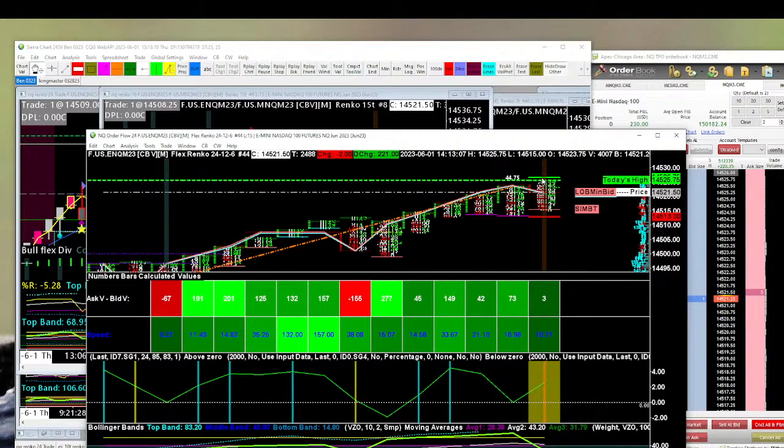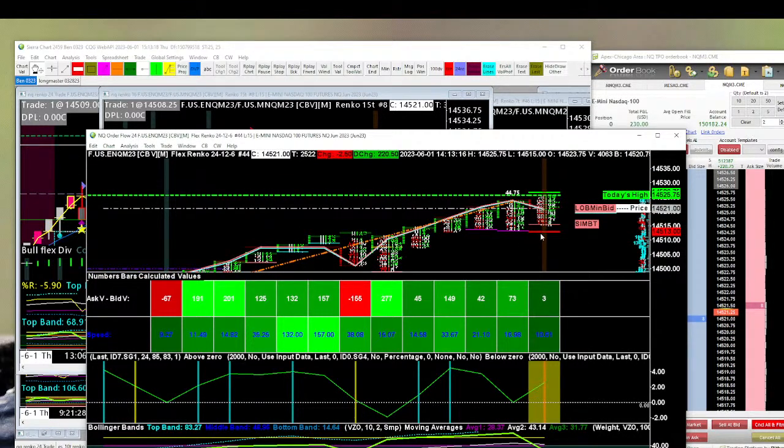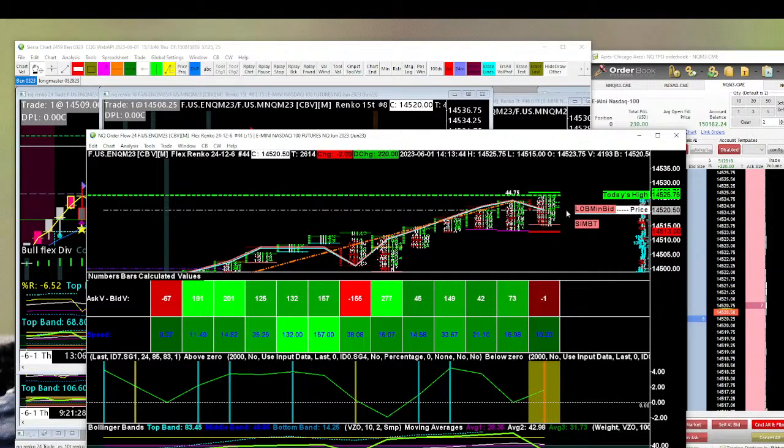And if it closes bullish with more sellers than buyers, it'll... wait, it's the other way around. So if it closes bearish with more buyers than sellers, see the ask volume versus the bid volume. If it's red and it closes red, it's fine. But if this closes red, but it's a green, and see all these other ones close green, green, green, green, green, but then this being orange, if it closes red, it's like there were buyers in this bar, but it still closed red.